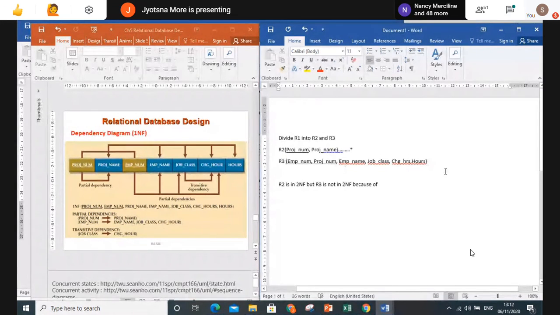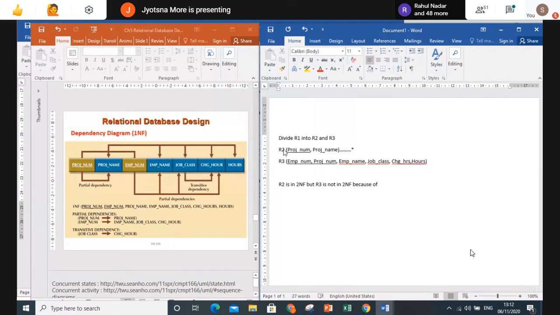Is there any partial functional dependency present in this? One partial functional dependency was project number determines project name. It is not there right now in this, correct? The second partial functional dependency was employee number determines this. Does it exist in this R3 or not? Yes, it exists.